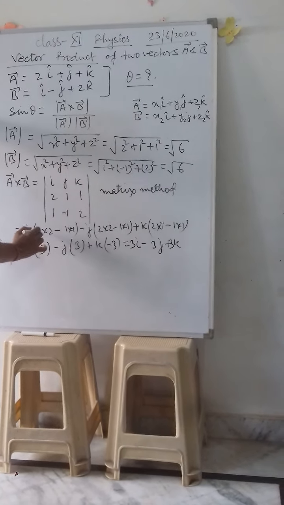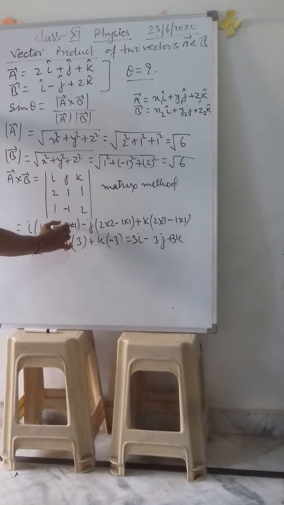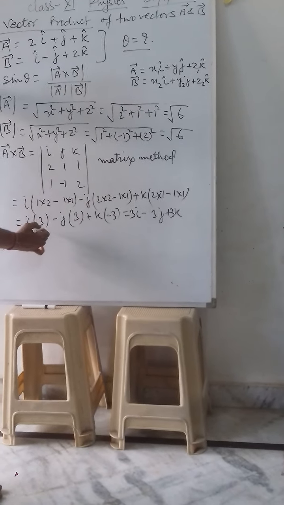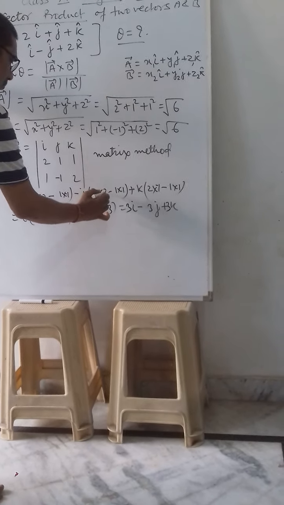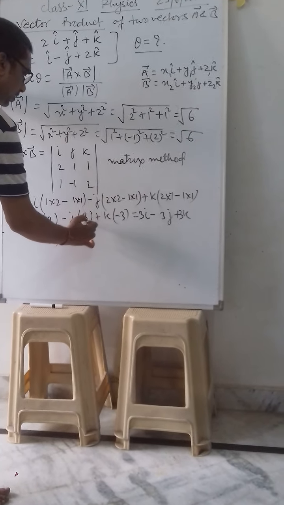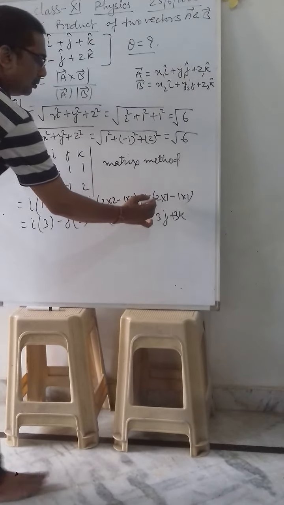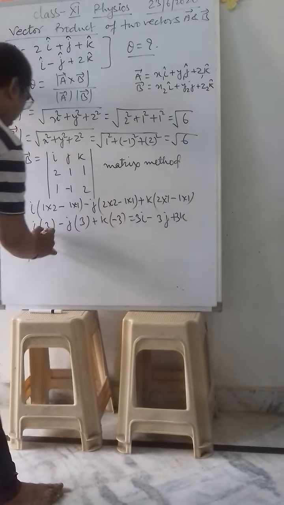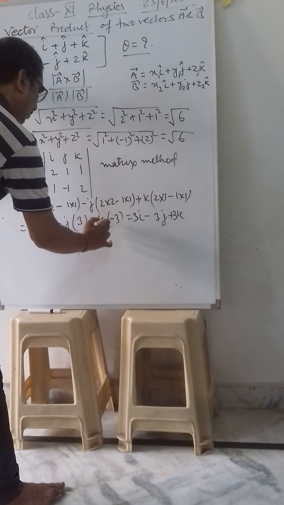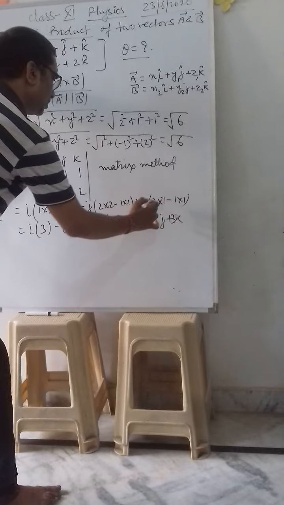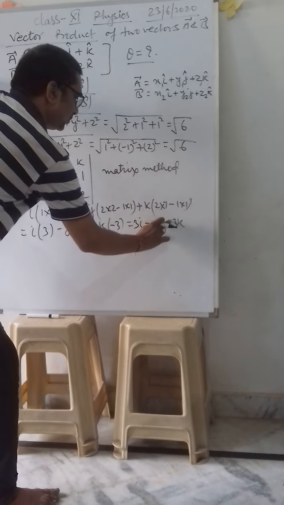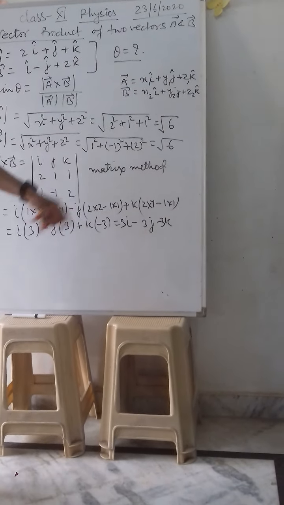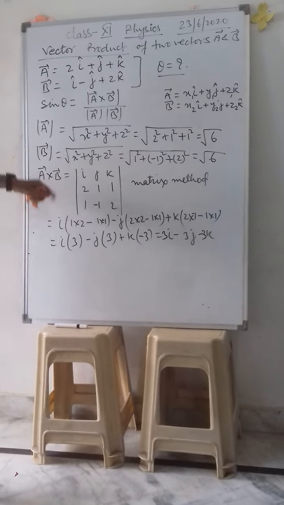So we have 2 plus 1 equal to 3, and minus j, 2 into 2 is 4 minus 1, that means 3, plus k into minus 2 minus 1, that means minus 3. So we have 3i minus 3j minus 3k. This is the value of A cross B.